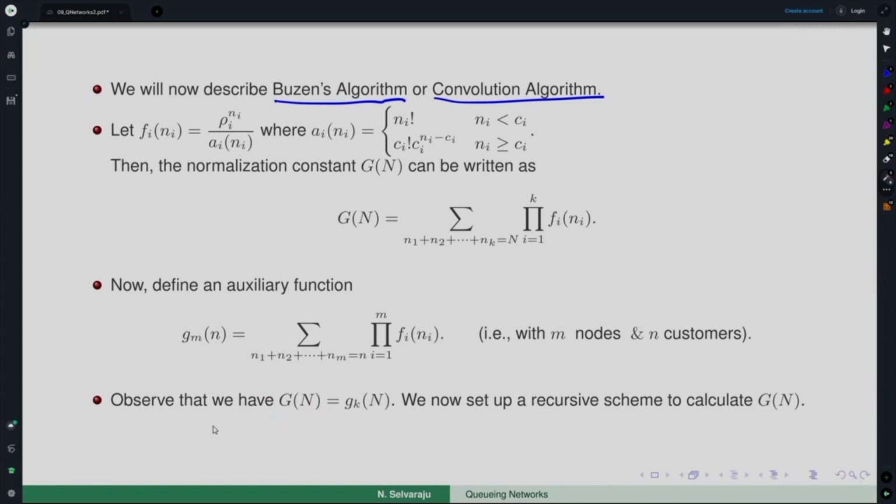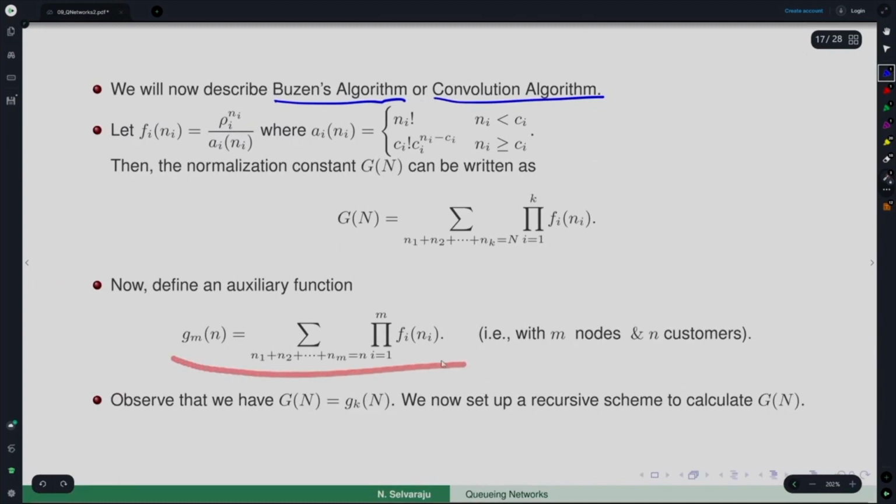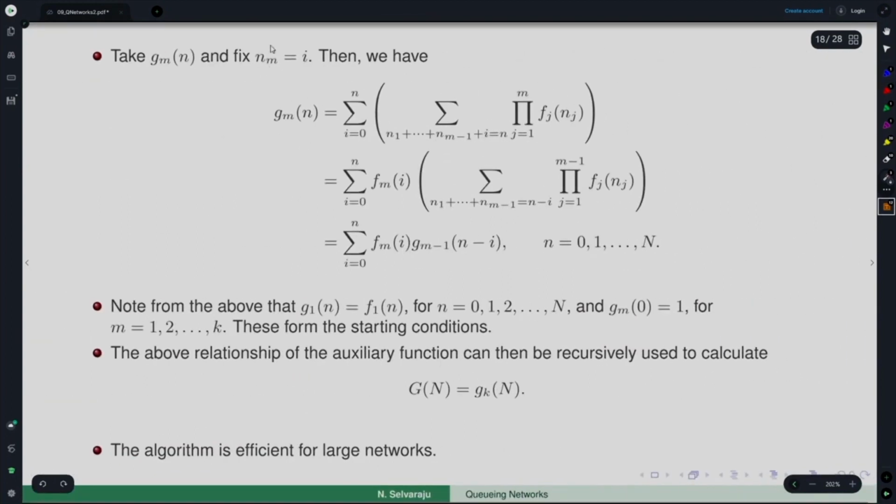Now, the algorithm aims at computing this in a recursive way. So, we have to figure out what recursive scheme we can have. Take this G_m(n) as we defined here. Now, take the last one, nm, and fix it to some value i.